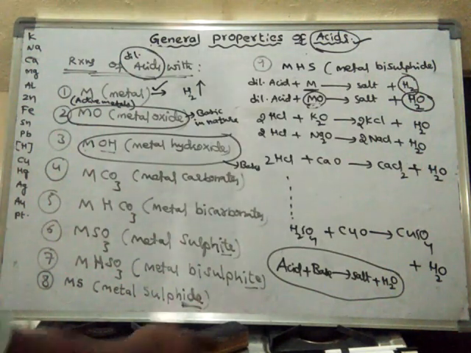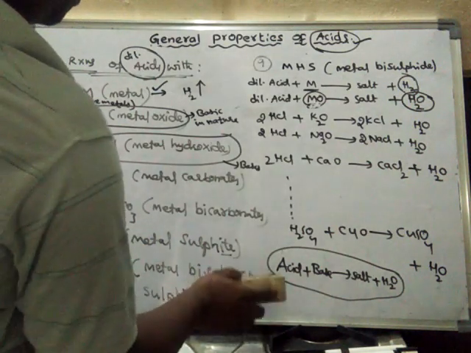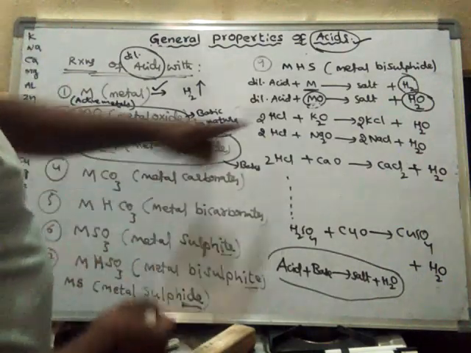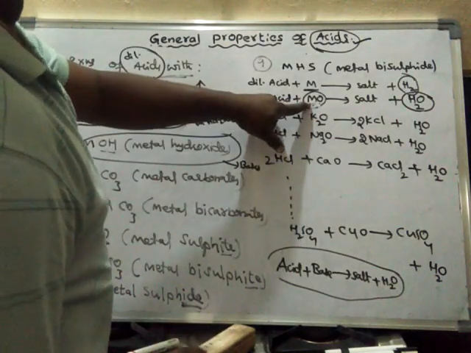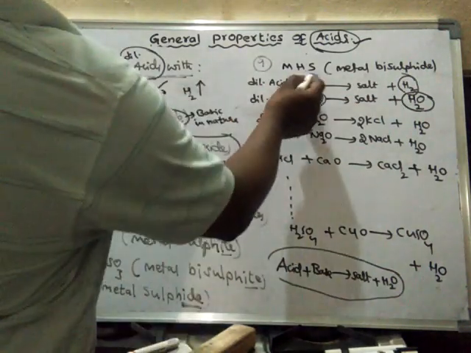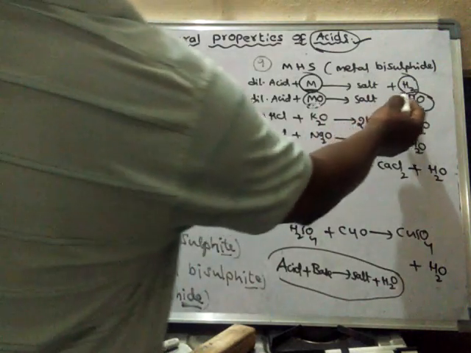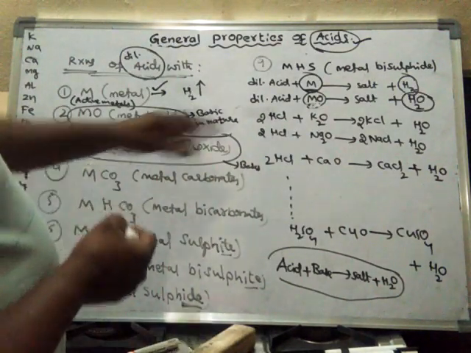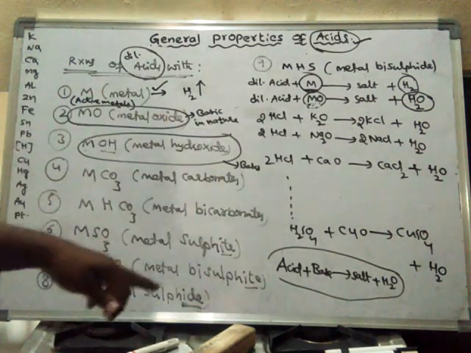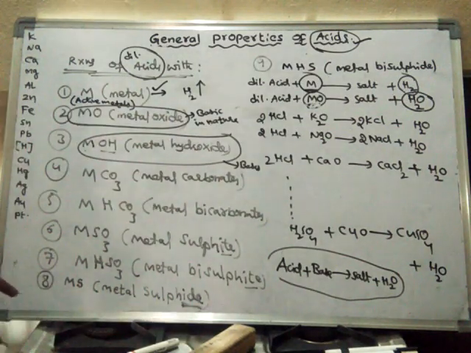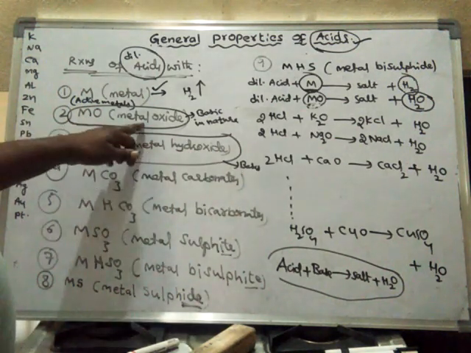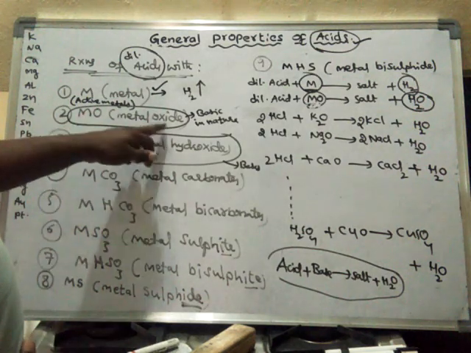So here, as metal oxides are basic in nature, they form salt and water. In this case, metal is not forming water, but metal oxide is forming water. Metal hydroxide is directly a base, and metal oxide has basic nature.